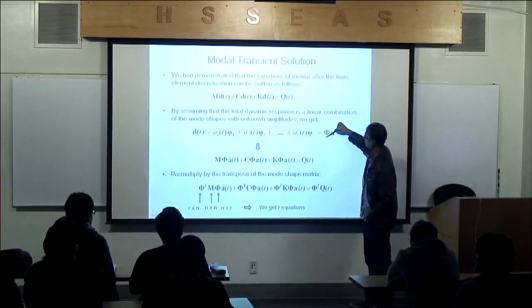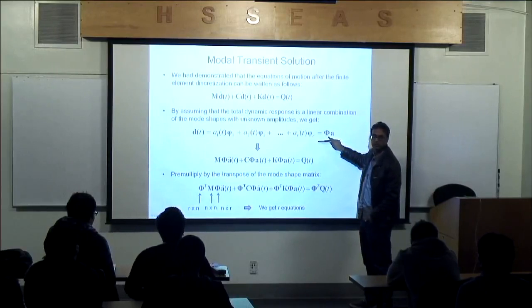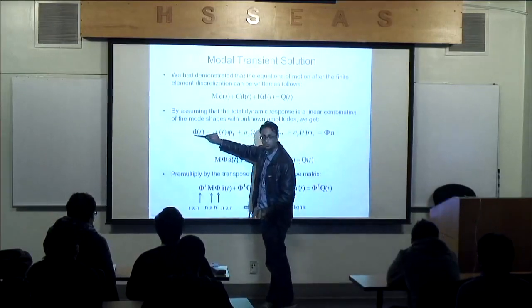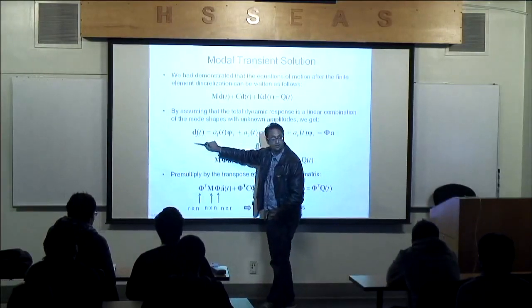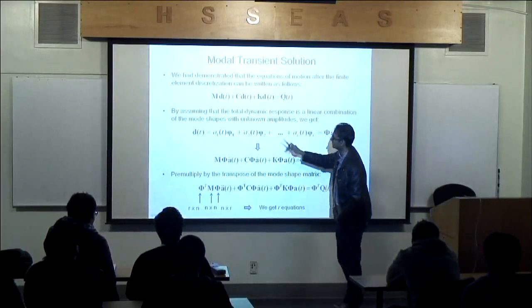What is the size of phi bold? Let's say for the example problem I'm giving you, for the clamped beam, there are 40 degrees of freedom, and I'm going to select just 3 modes. How big is phi bold? 40 by 3. There are 40 degrees of freedom that are unknown. I don't know D, right? There's 40 of them. And so phi 1, phi 2, and phi 3, I'll just select 3 of them.